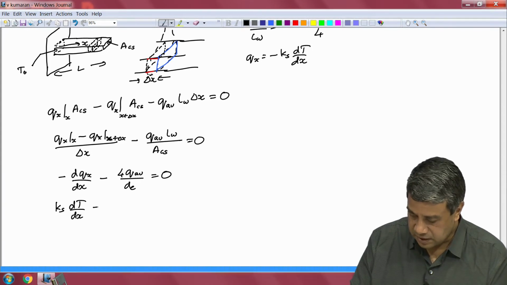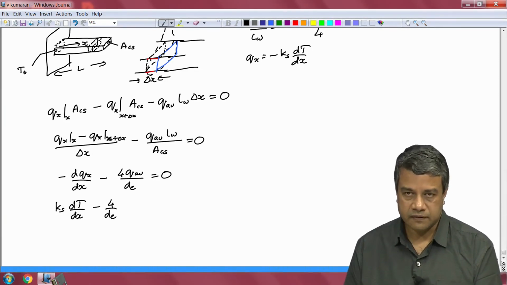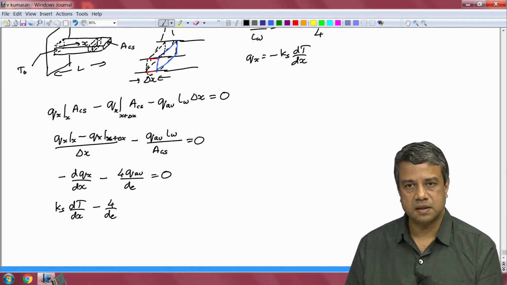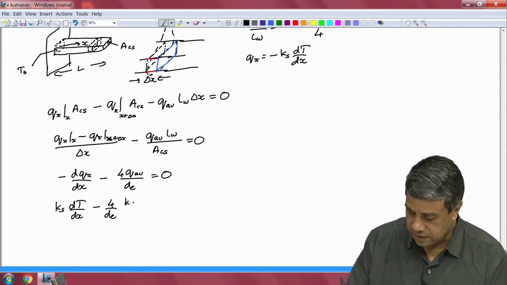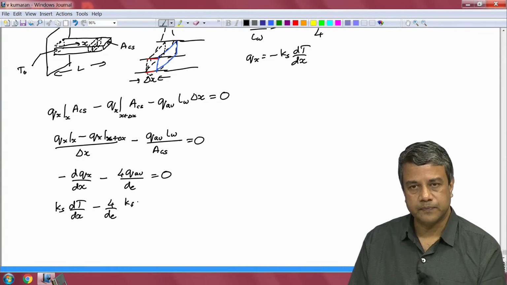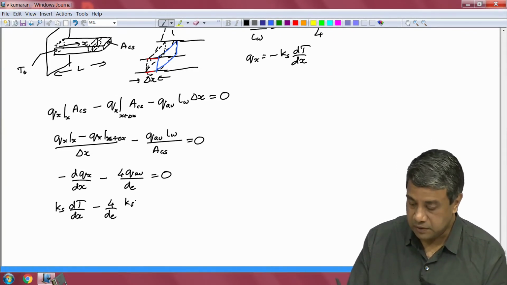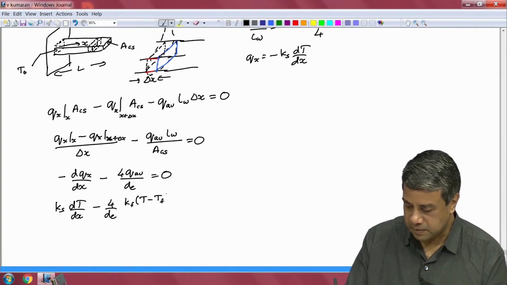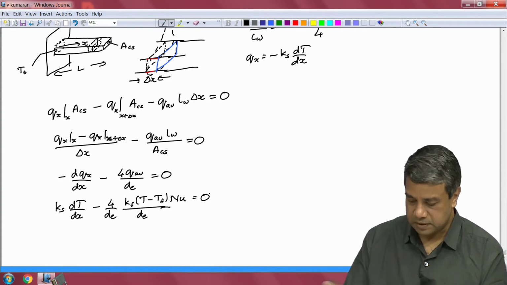And for this I can write 4 by dE into QAV. The average flux I can express in terms of the Nusselt number correlation, that is the fluid conductivity into the temperature on the surface of the fin minus the fluid temperature, by dE, into the Nusselt number, is equal to 0.